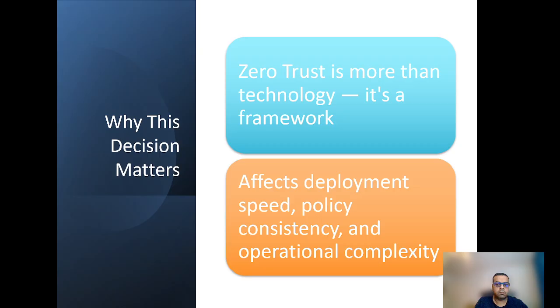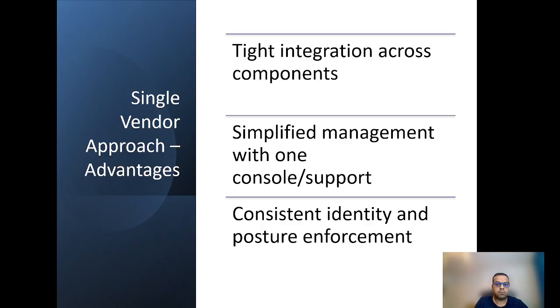So, your choice of vendor affects how fast you can deploy zero trust, how consistent your policies are across applications, across devices, how easily you can integrate new technologies in the future, your operational complexity and support overhead. So these are all the important factors which affect the vendor choice. Now, the single vendor approach, that's my recommendation to start with.